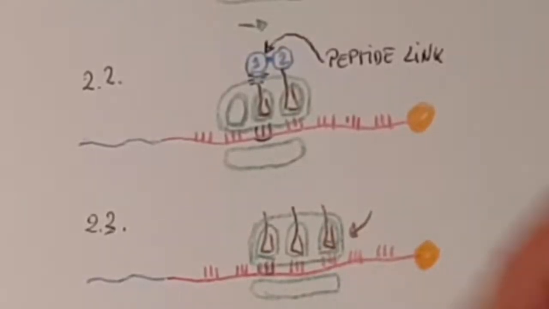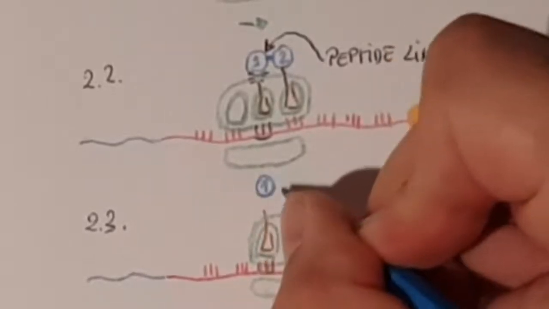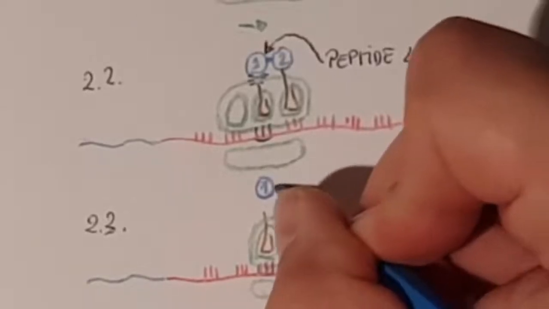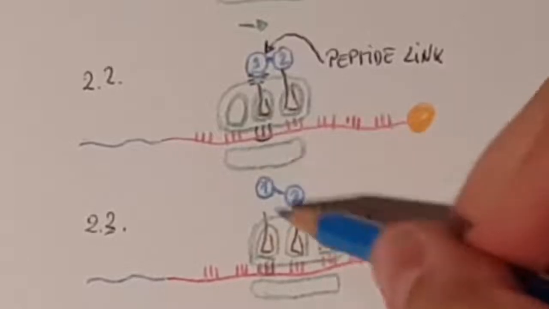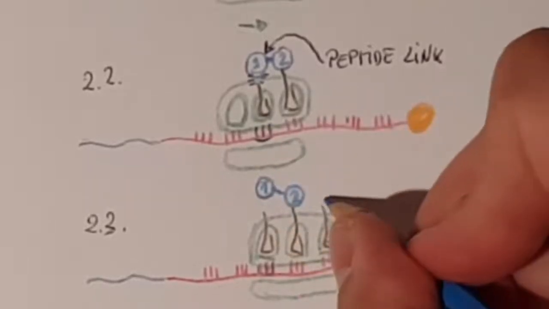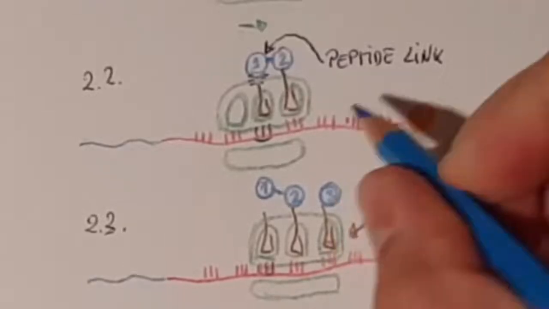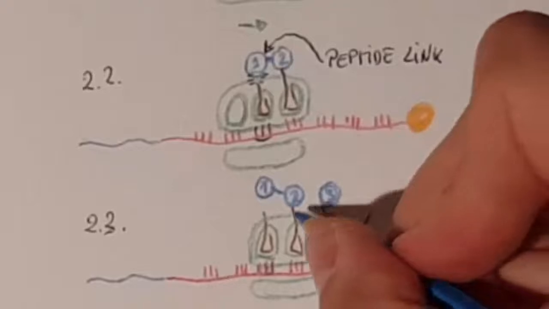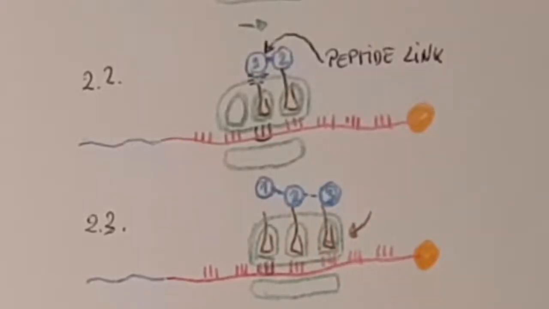Amino acid number 1, as you remember, is only joined to amino acid number 2, and not anymore to the tRNA because of the peptide link. Now we're going to repeat step 2.1 here. We're going to form the peptide link, and this is going to break.